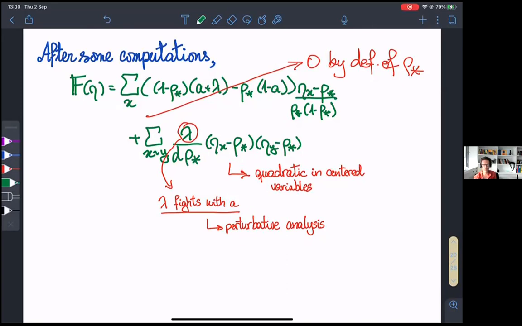Once you have the CLT for the stationary measure, the non-stationary CLT basically covers that case, with a small argument about the hydrodynamic limit.